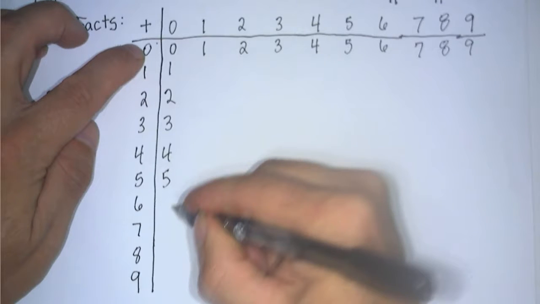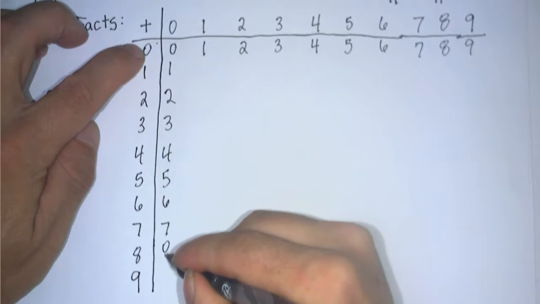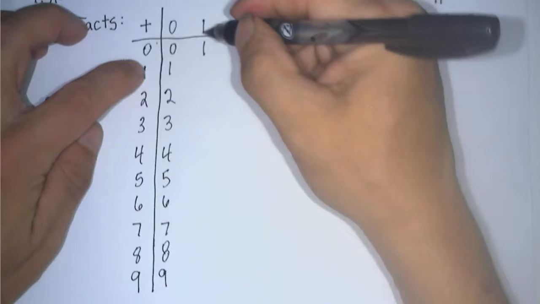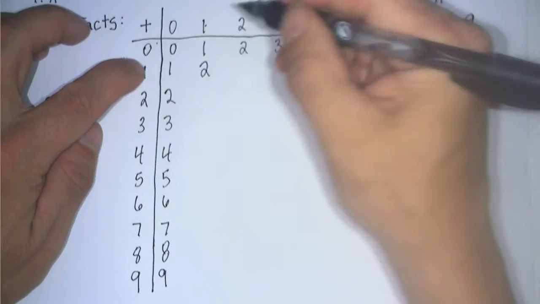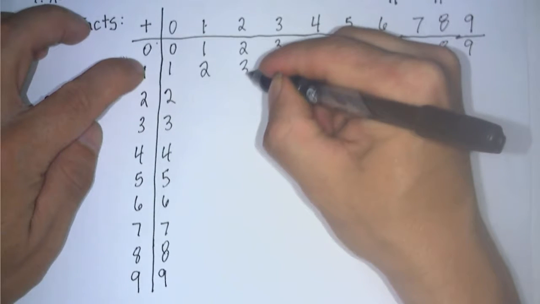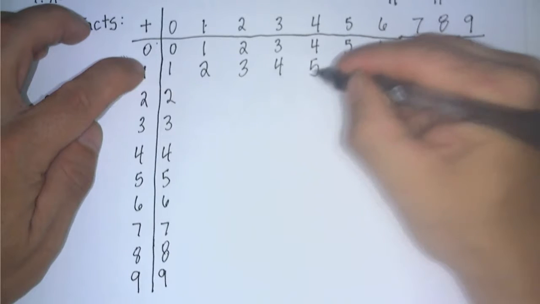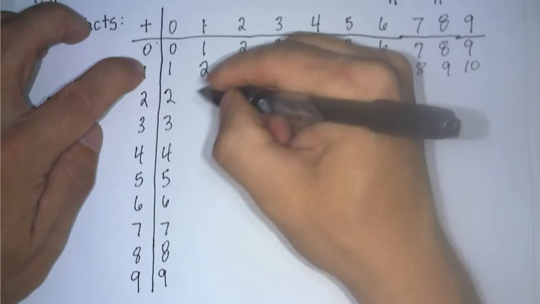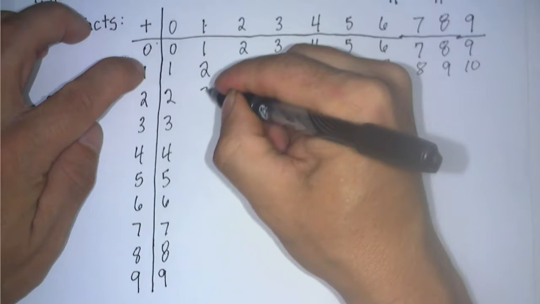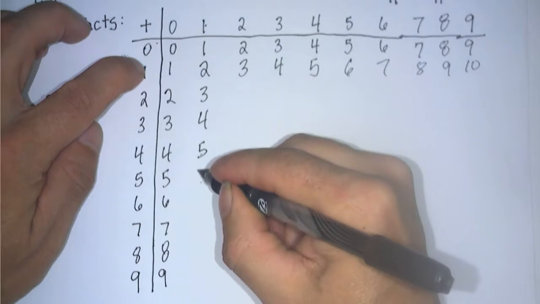And notice as I go down, I'm just increasing by 1 every time. So 1 plus 1 is 2. So we're just going to continue sequentially, and every which way we just increase by 1.